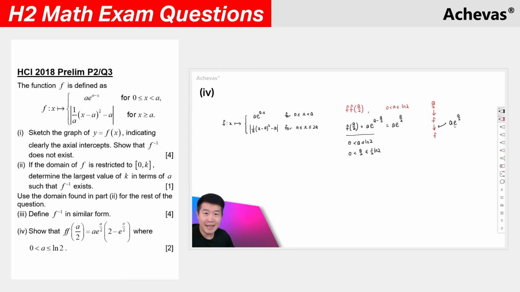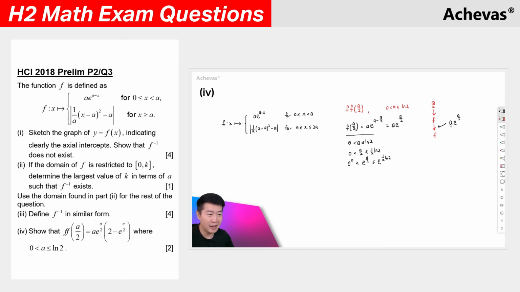And since e to the power of x is an increasing function, e to the power of 0 is going to be less than e to the power of a over 2, which is going to be less than or equal to e to the power of half ln 2, based on the inequality that we have here.